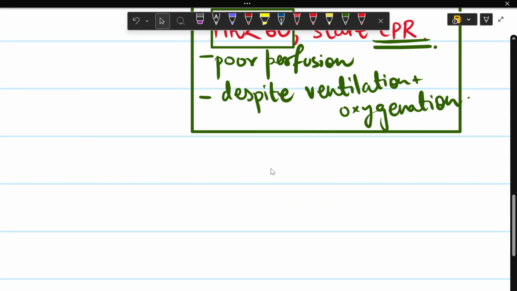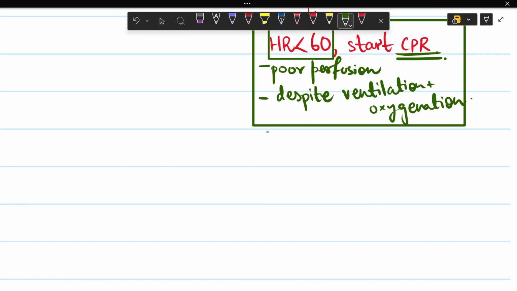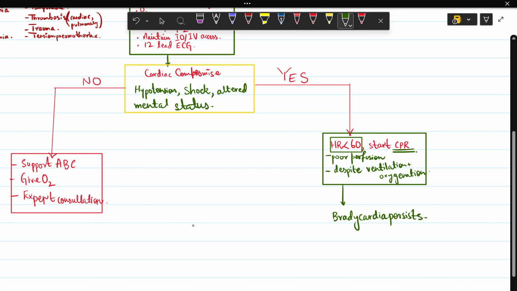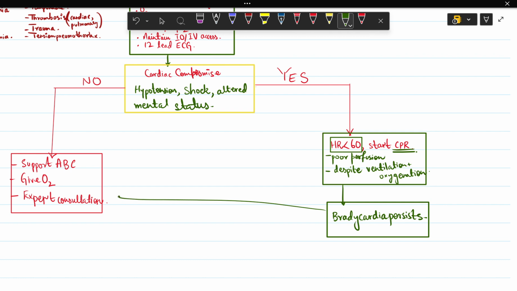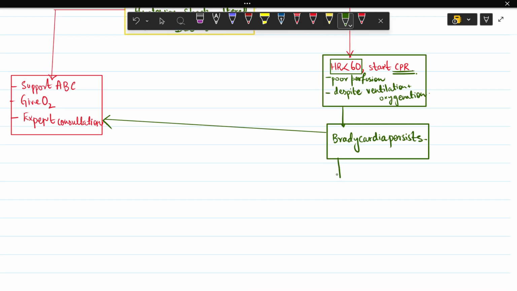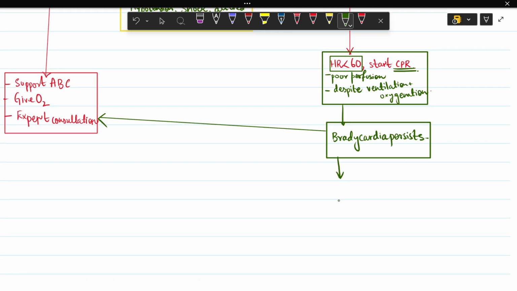But what if the patient is still collapsing? What if bradycardia still continues? What will you do next? Well, you can move on to still continuing this until you get an expert opinion, expert consultation, and additionally, this is the stuff you can do.